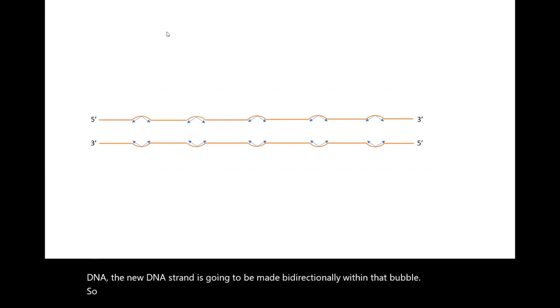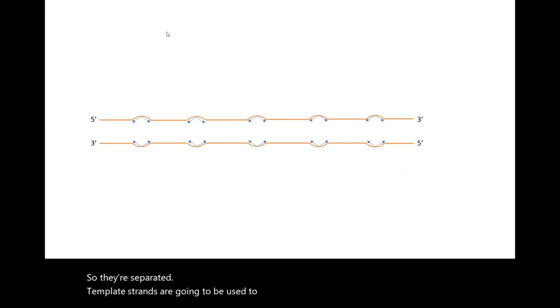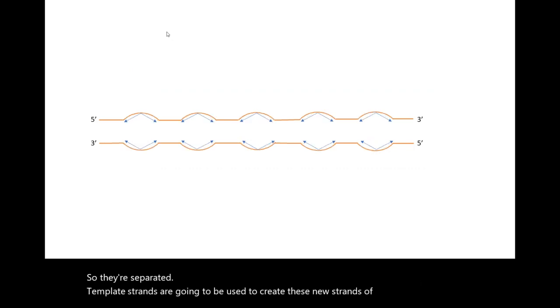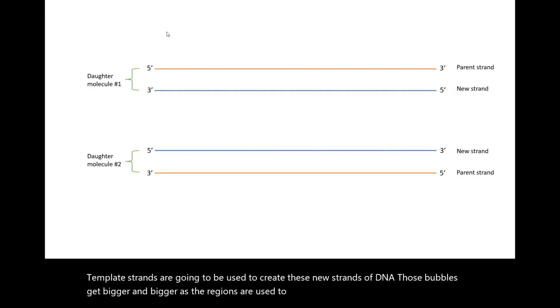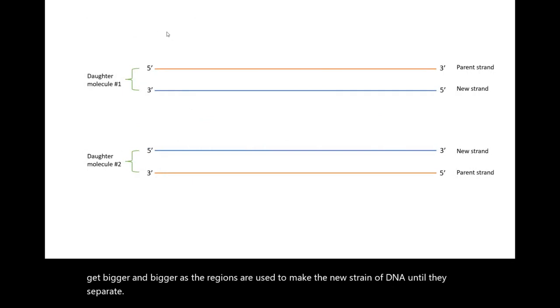So the separated template strands are going to be used to create these new strands of DNA. Those bubbles get bigger and bigger as the regions are used to make the new strand of DNA until they separate. Okay?